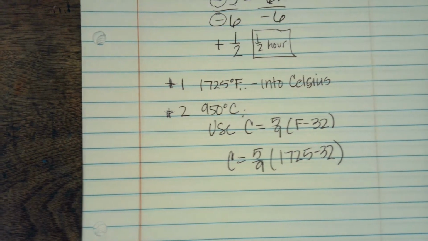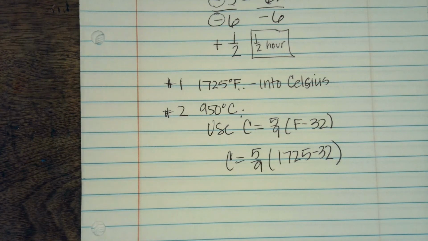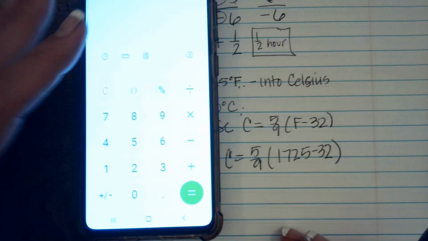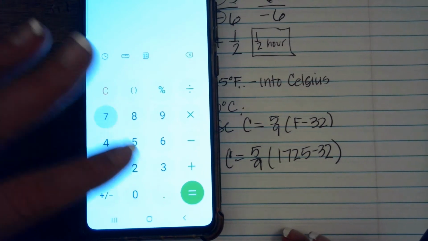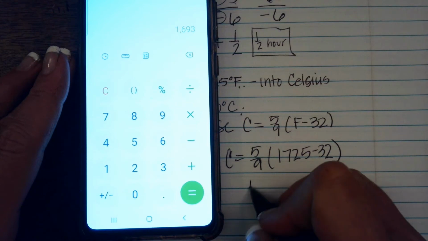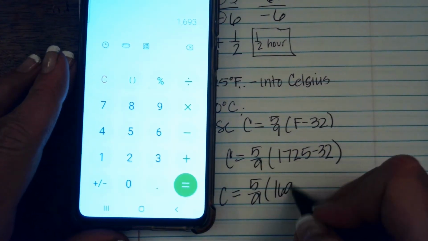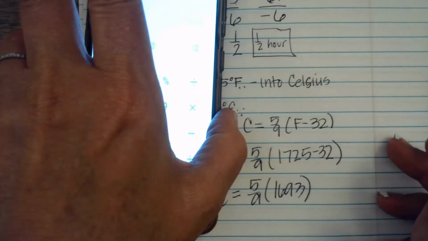All right. Then you take your calculator and you do 1725 minus 32. And you get 5/9 times 1693.